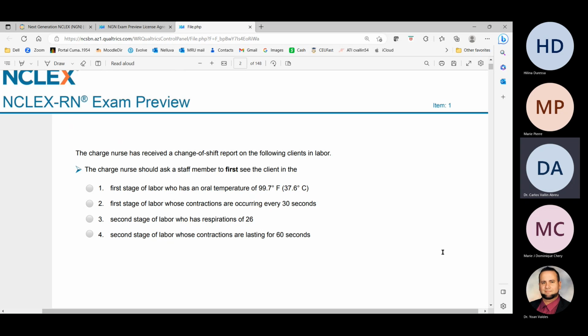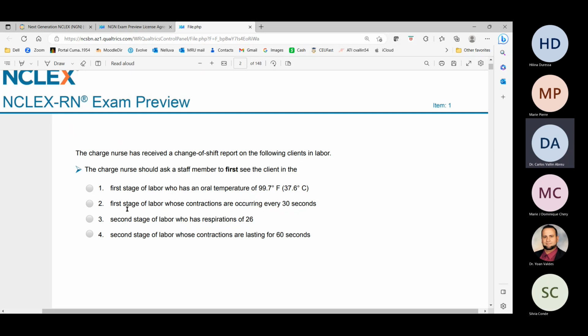I mean multiple choice. You know what multiple choice is? You have 4 options and you choose one. Or select all that apply, you know the select all that apply.